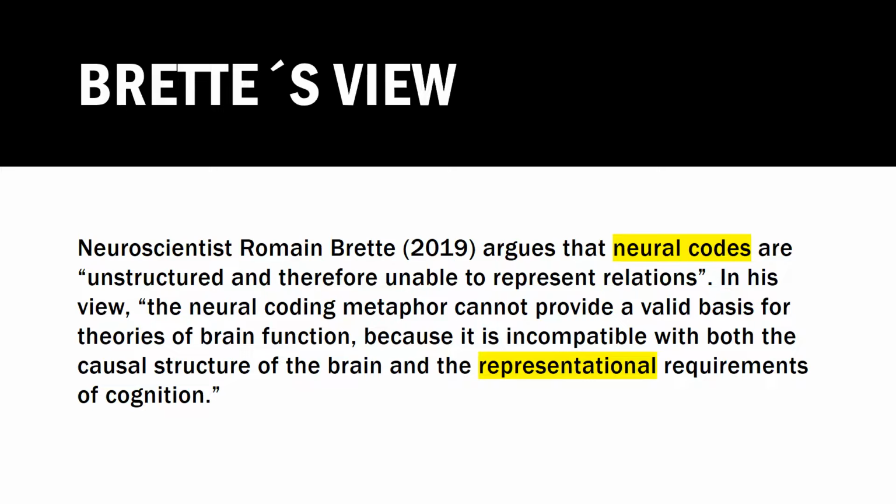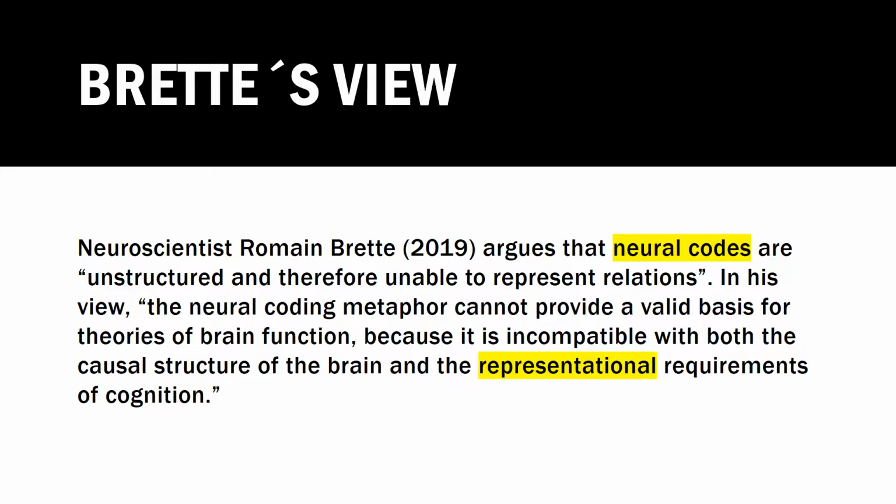In a quite recent target article, the neuroscientist Romain Brette argues that neural codes is not a useful metaphor. And he says that what we refer to as neural codes are unstructured and therefore unable to represent relations.